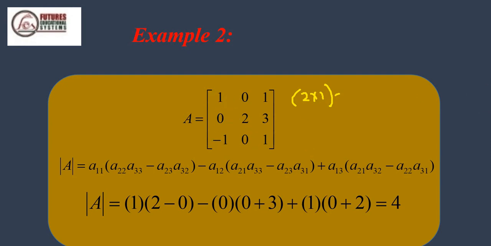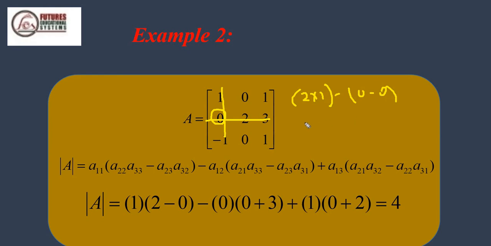And choose 0, negative, hide this row and this column. 0 by 1 equals 0, minus 1 by 0 equals 0.